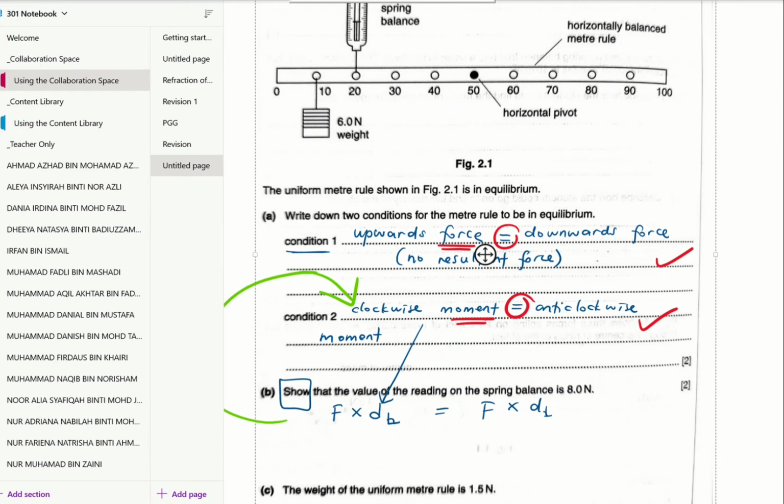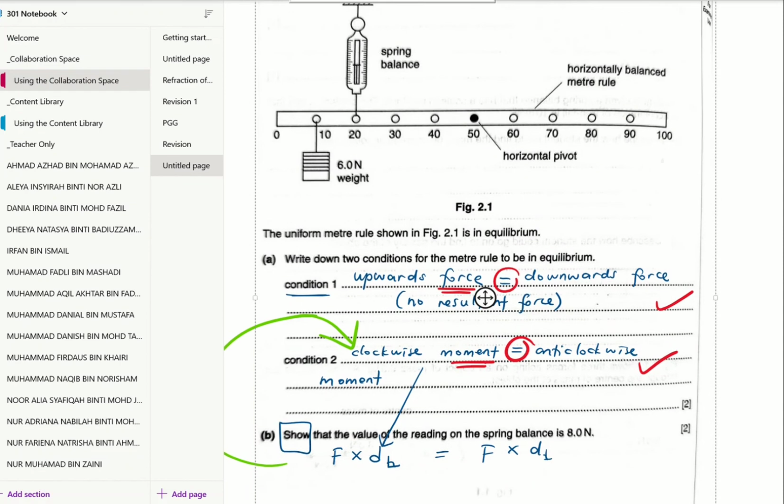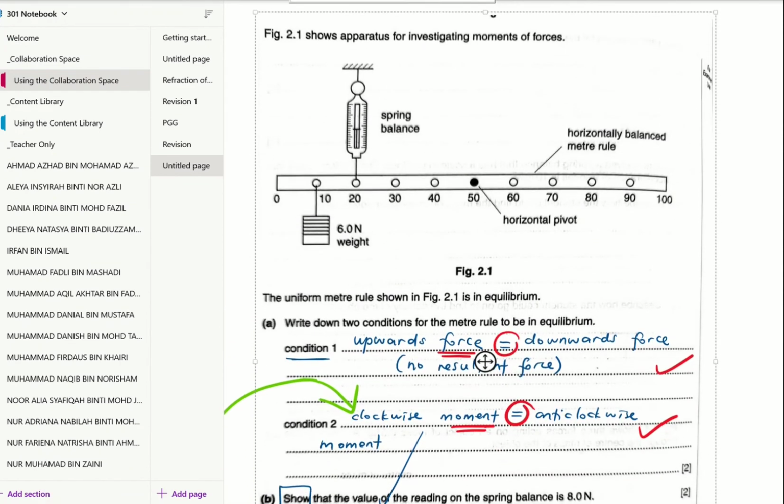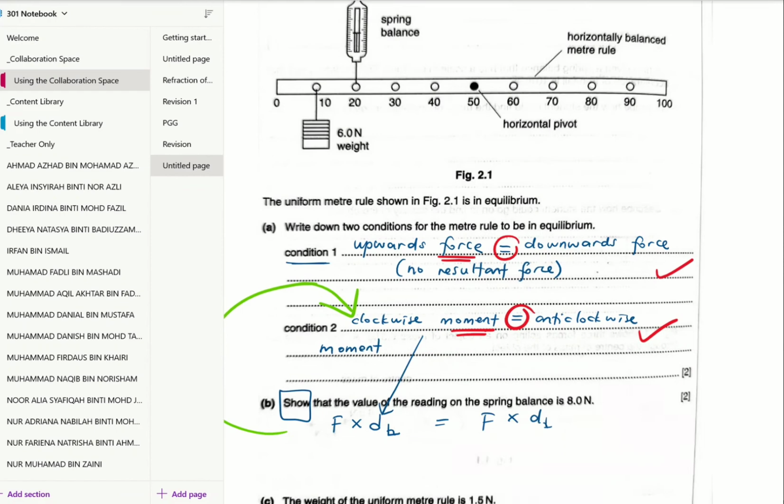Then what should you do? Now the question is, okay, you know the force. You want to show it is 8 Newton on the other side. Now you have to figure out the perpendicular distance. So where exactly is the perpendicular distance?